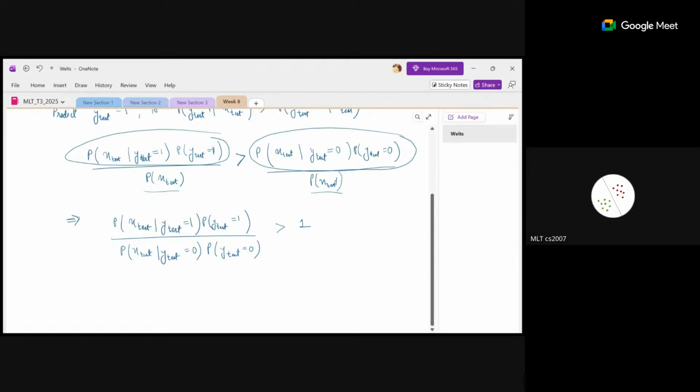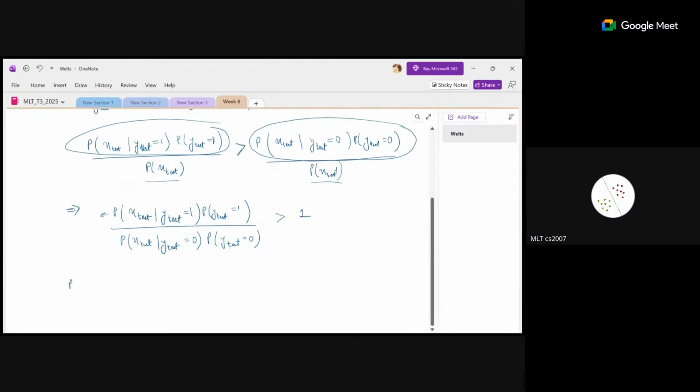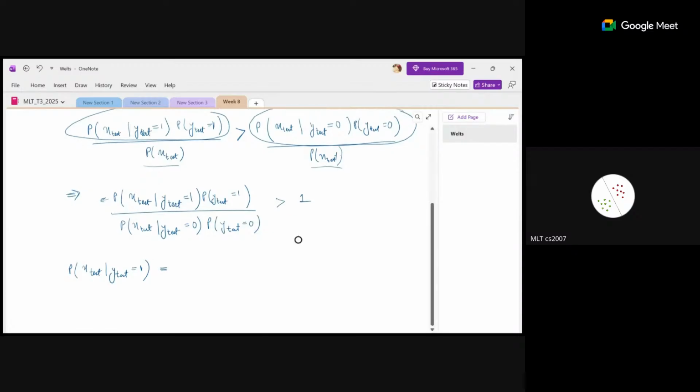Now we know what these probabilities are, right? So what is the probability of X test given Y test equal to 1? Anyone want to guess? It is a likelihood.